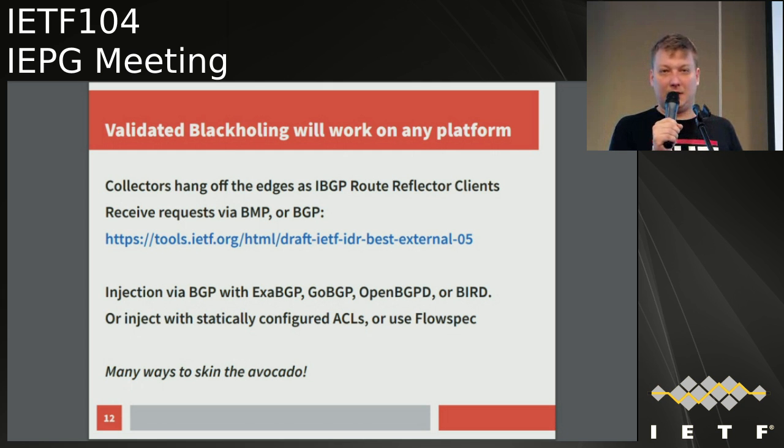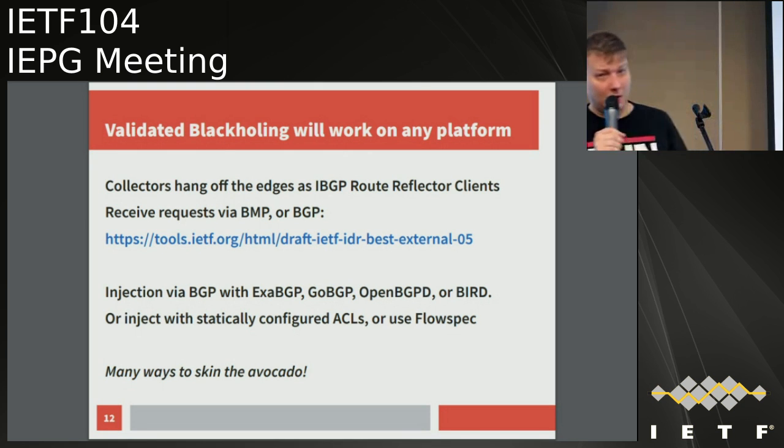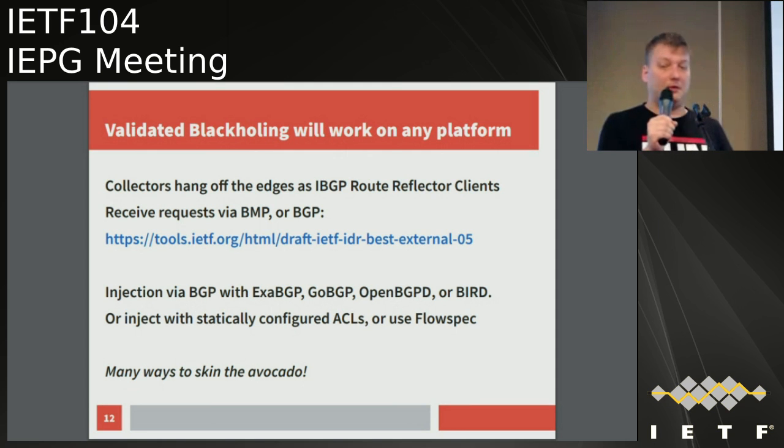I think there are many ways to skin this avocado, but the good news is that everybody has an opportunity to implement this in their network, and we don't need to wait for vendors to support us.